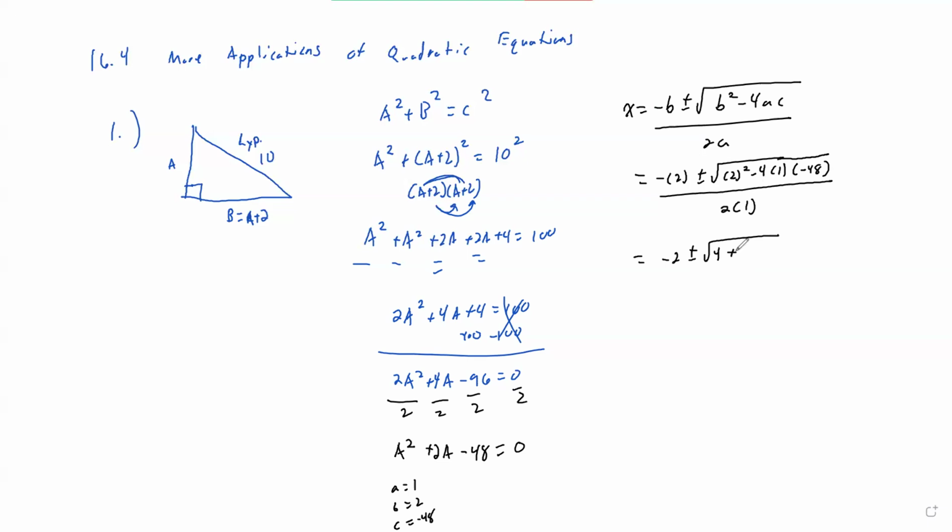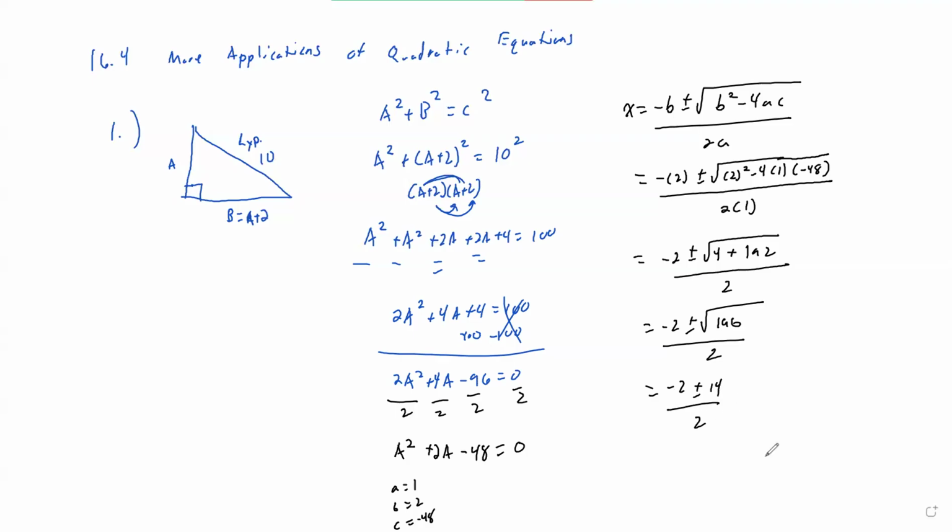So that'd be 192. And then 2 times 1 is 2. And then we get negative 2 plus or minus the square root of 196 divided by 2. The square root of 196, I believe, is 14. So that's plus or minus 14 divided by 2.